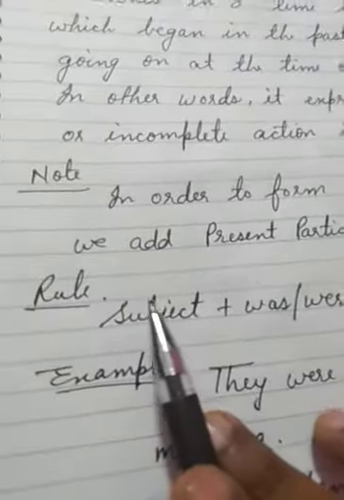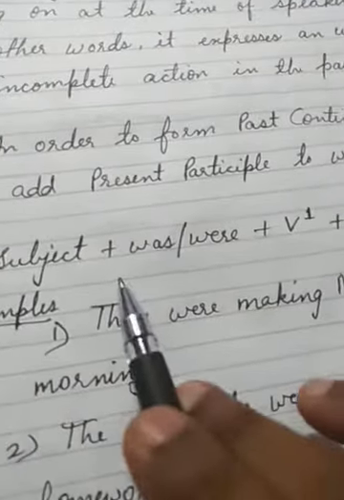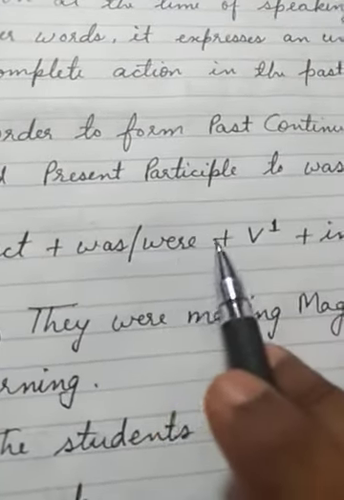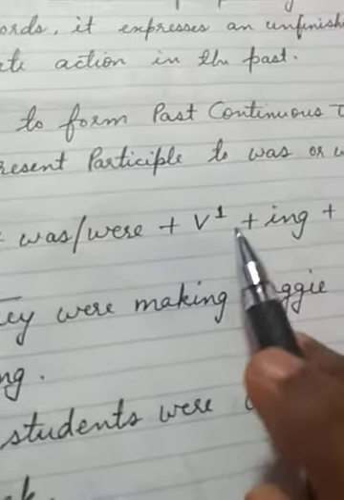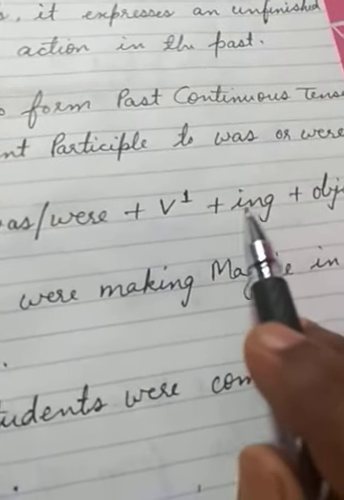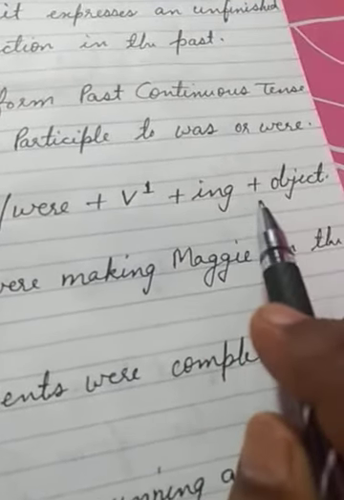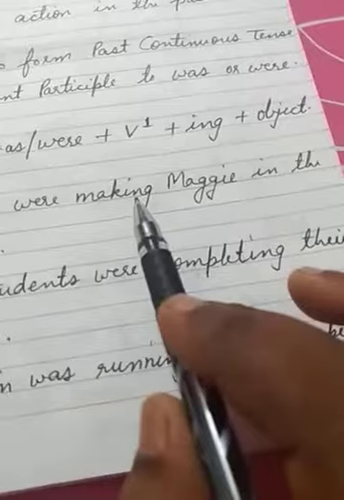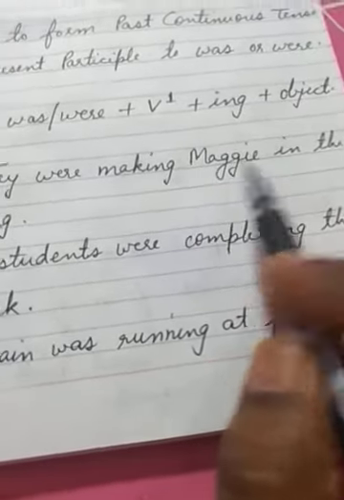Now, the rule for the past continuous tense is subject plus was or were plus verb first form plus ing plus object. Example: they were making Maggie in the morning.